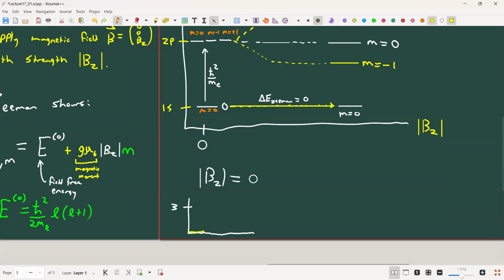We would see a single line associated with the 1s orbital being excited to any of those states. They're all at the same energy, so they're all on top of each other. So we get a singlet.